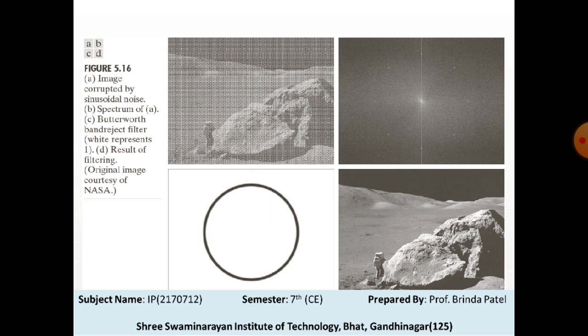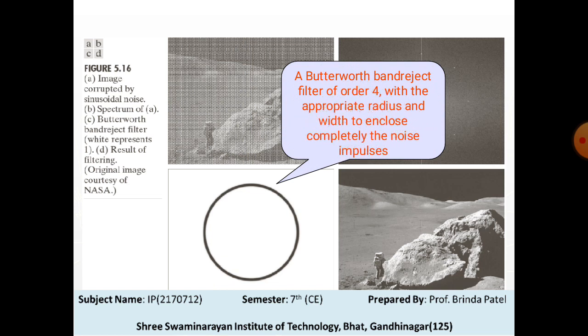Here figure C shows a Butterworth band reject filter of order 4 with the appropriate radius and width to enclose completely the noise impulses. It is desirable in general to remove as little as possible from the transform.